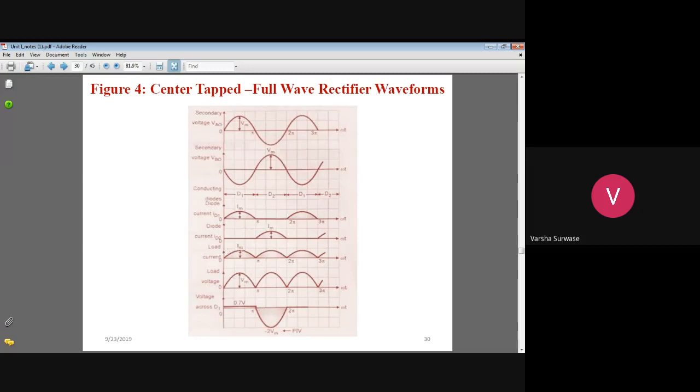Now see the load current and the load voltage.